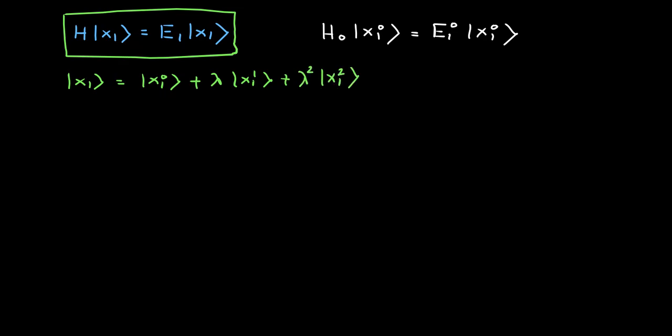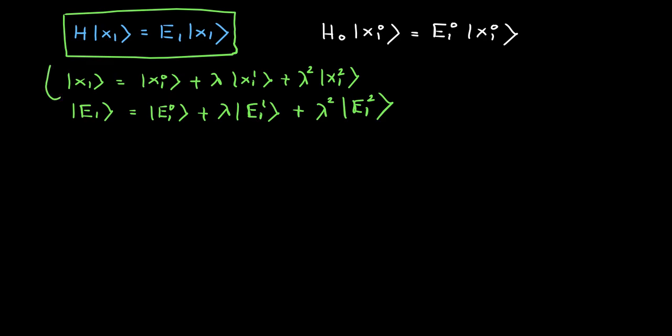Okay, and then E1, the eigenvalue, is nothing but E1 0 plus some lambda E1 1 plus some lambda square E1 2. And what we are going to do is we are going to plug it here. Okay, and then there will be some maths. So let's plug it. It's going to be a little bit big, but let's plug it in. So it will be like this.